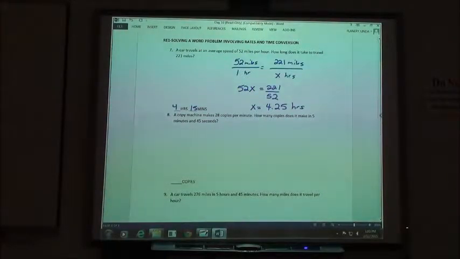If you think of your clock, back in the olden days. There's my clock. So 0.25 is the same thing as a fourth. That's 15 minutes, right? 0.5 is the same thing as a half. That's 30 minutes. 0.75 is 3/4, which is 45 minutes.